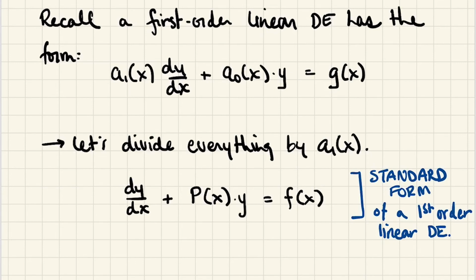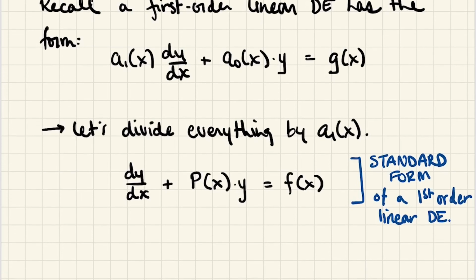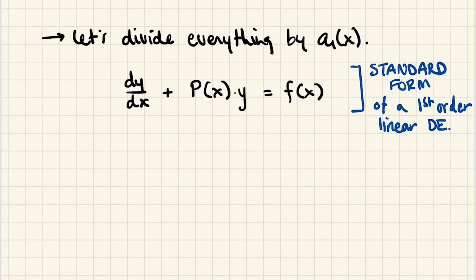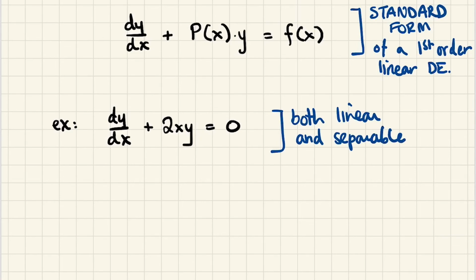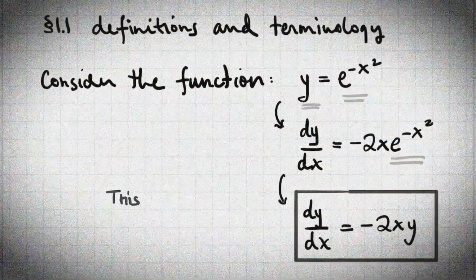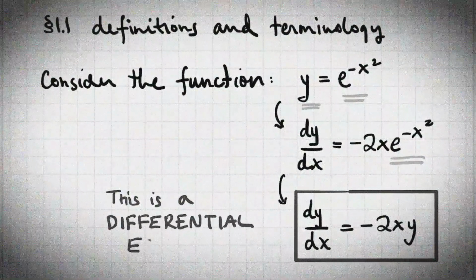Okay, and before we go on, I want to acknowledge that a linear differential equation may or may not also be separable. So, for example, we have this guy here. This equation is both linear and separable. In fact, you may recall this as the very first differential equation that we worked with in this course.